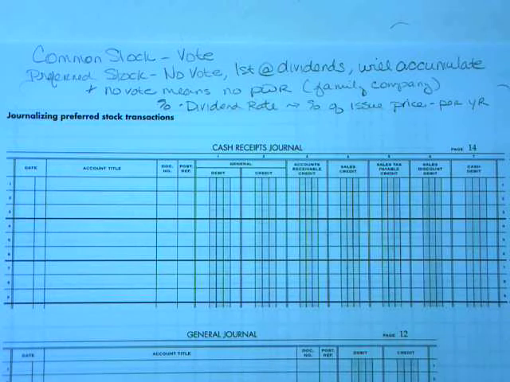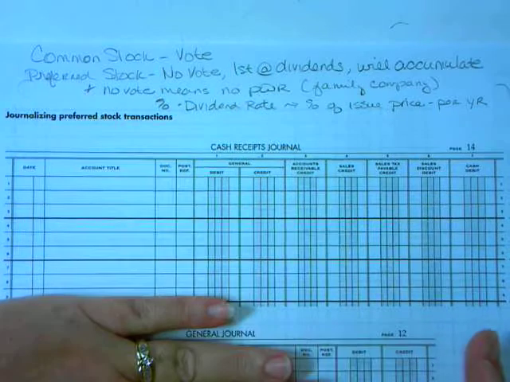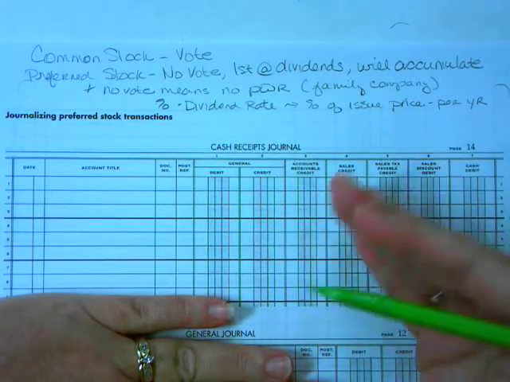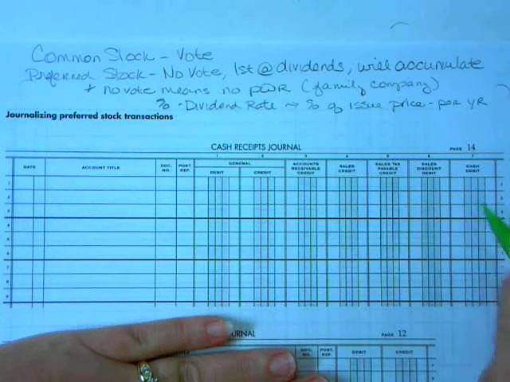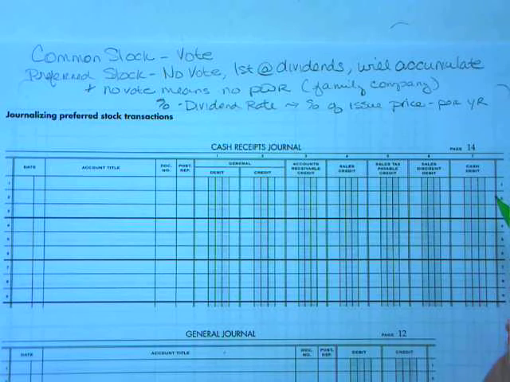Okay, so our transactions, notice here we have a cash receipts journal and we have a general journal, and we'll get to the general in just a little bit. But the cash receipts, of course, we're selling stock, and so we're going to receive the cash for that.